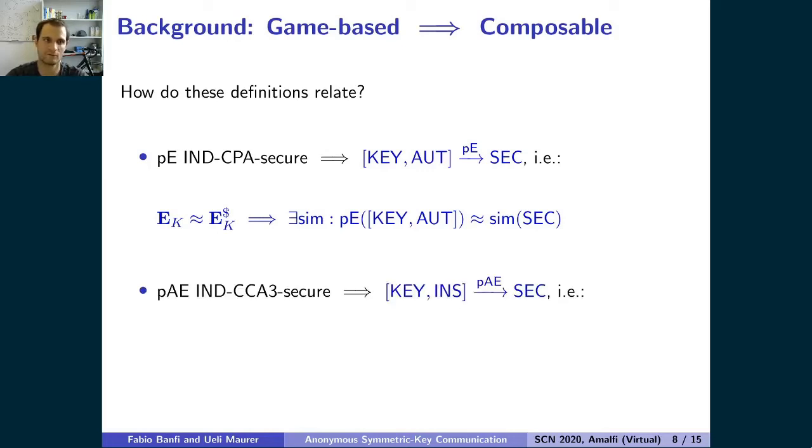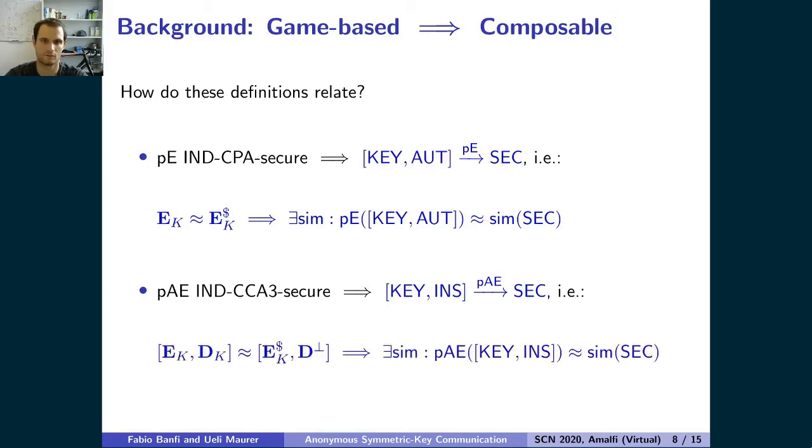And similarly for PAE, we see that CCA3, the regular game-based notion for authenticated encryption, implies the composable notion of constructing a secure channel from the insecure channel and a key resource. And we can also again write this more formally as follows.